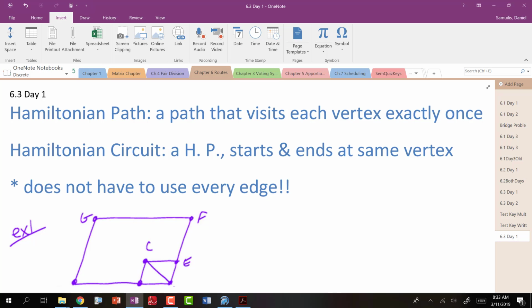It just takes a little bit of time. And then you're going to do what we're going to do today as far as trying to find the best possible way to get from your house to all the colleges and back. And of course, the best possible way would be the shortest possible way. We'll talk about that, how challenging that can be. So we'll just take it from there.